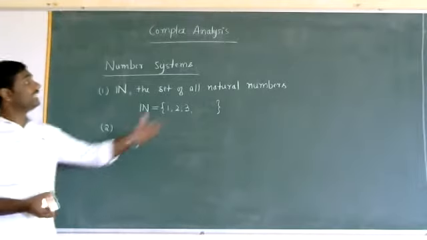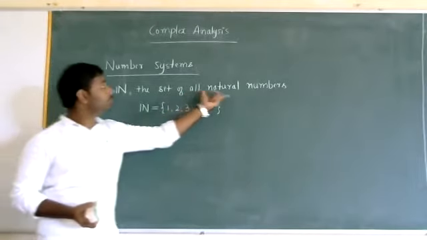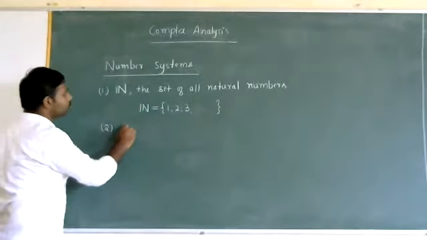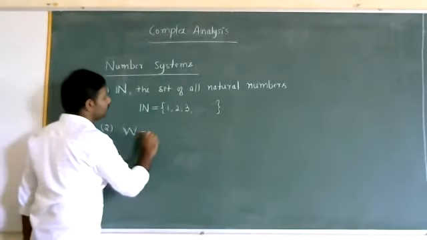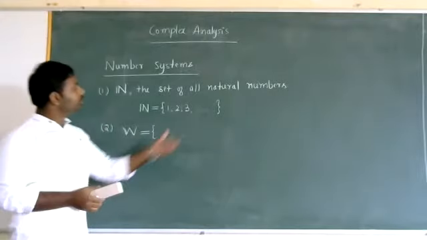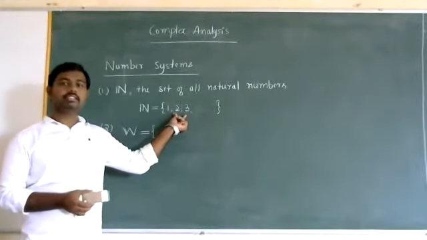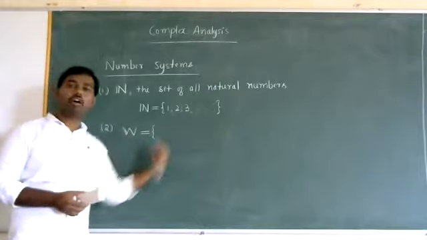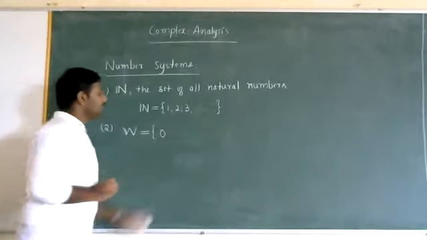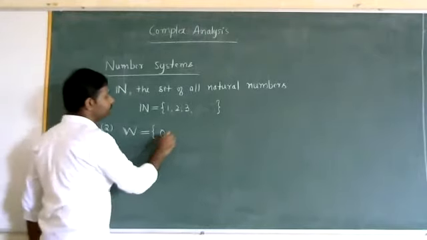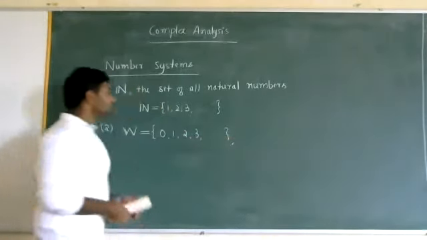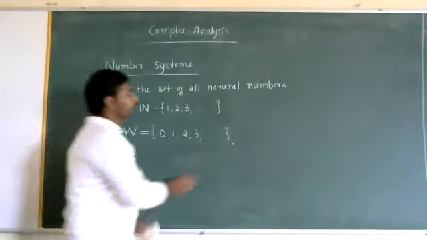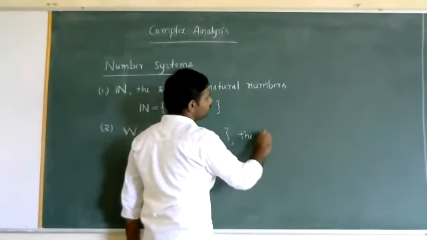Then we extend the natural number system to the whole number system, which consists of those counting numbers 1, 2, 3, along with the null value 0. So 0, 1, 2, 3 and so on. This set of numbers constitutes the whole number system.